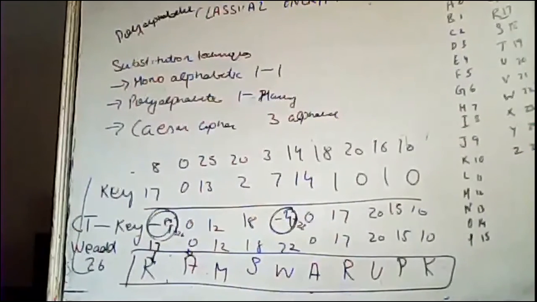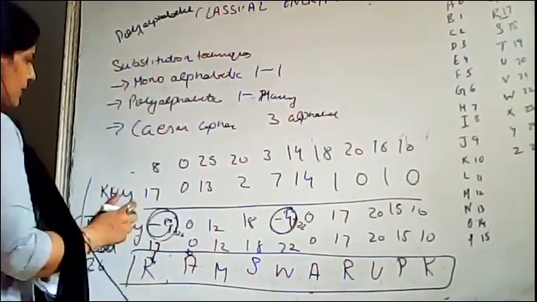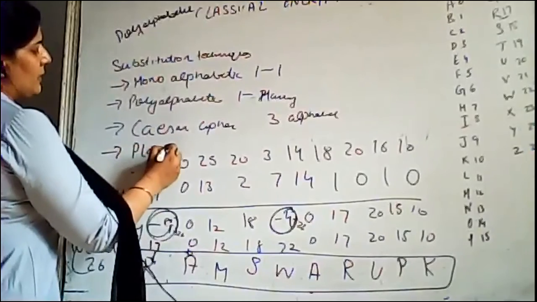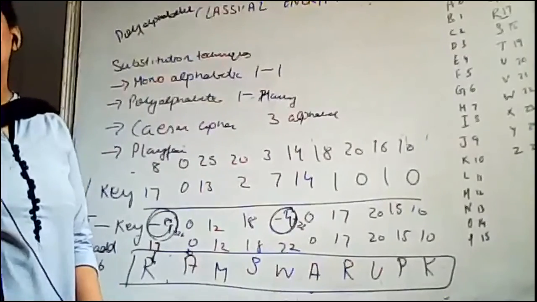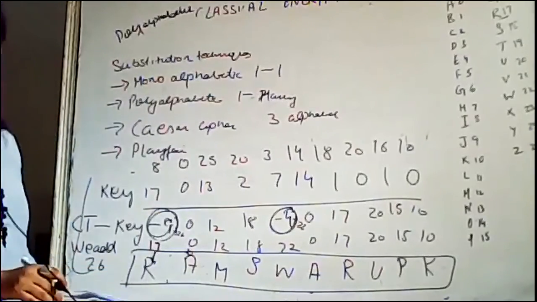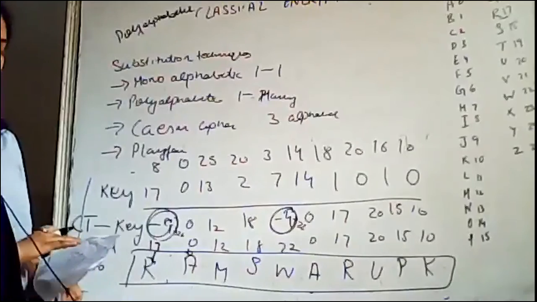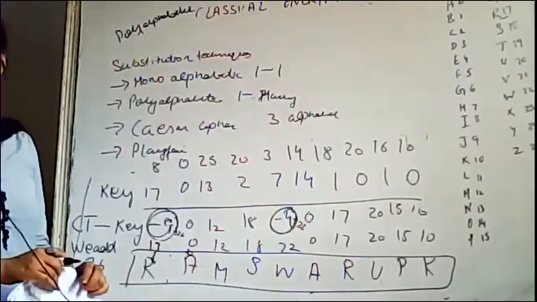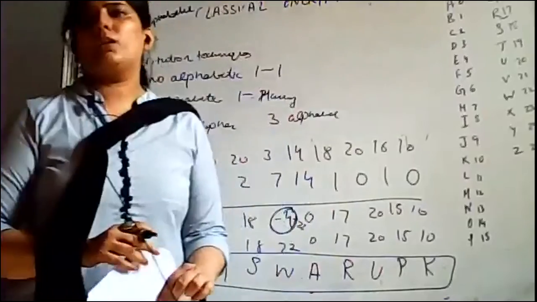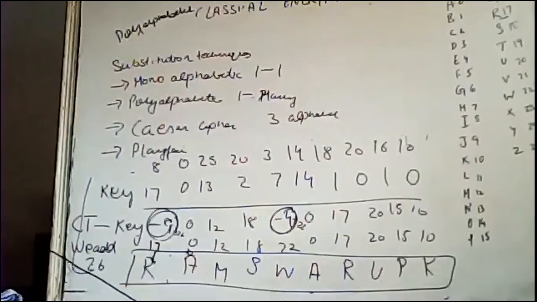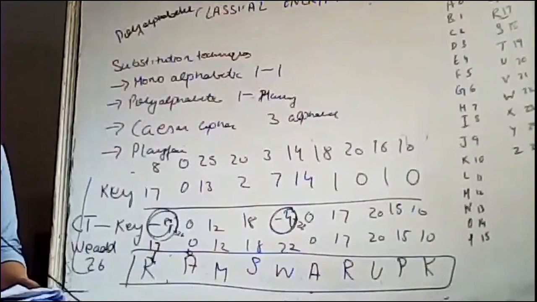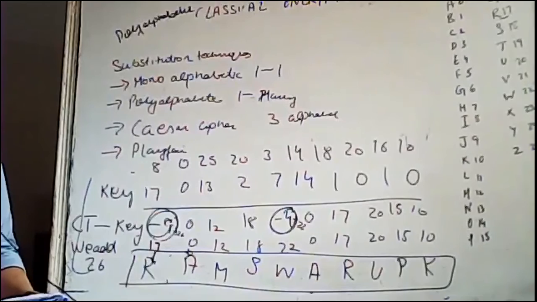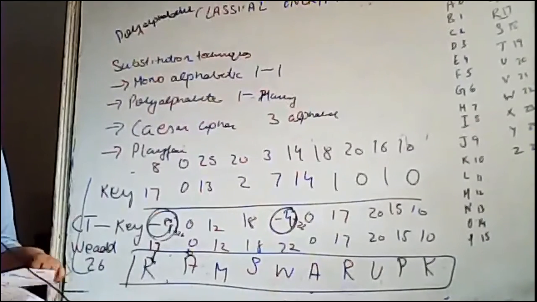Similarly, we have done the Playfair cipher, in which we used a 5 by 5 matrix. We fill our key into that matrix, and after filling it, we fill all the remaining cells of the matrix with the alphabets that have not been mentioned in the key. So Playfair is also one of your important techniques.